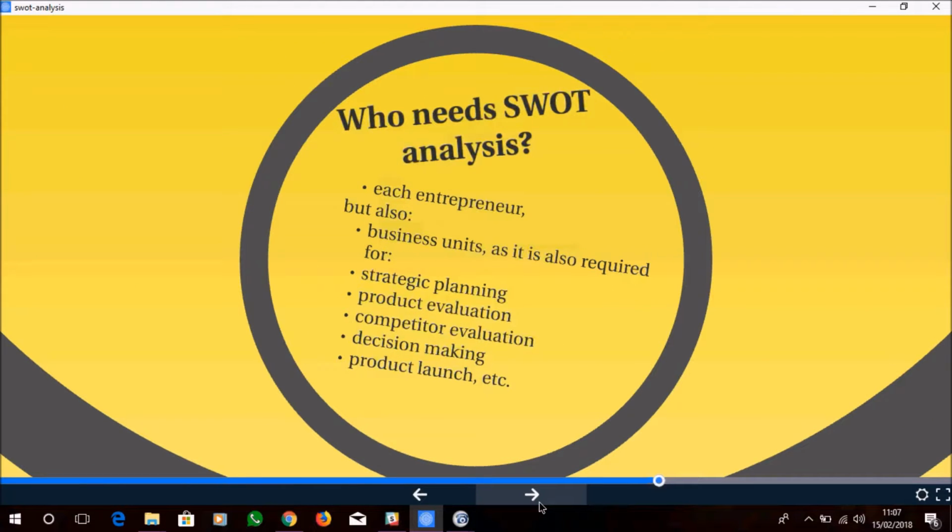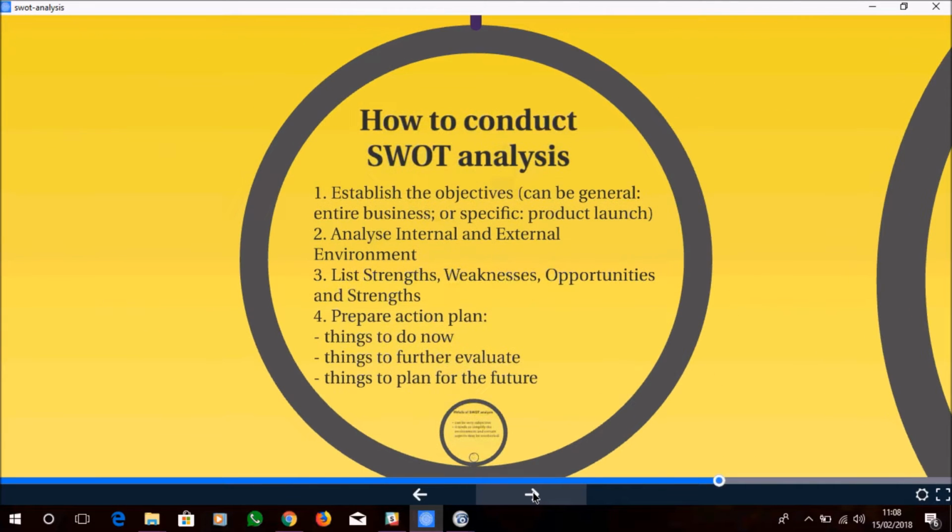Basically, not only entrepreneurs need SWOT analysis, but also business units, as this tool is also used for product launch or for the evaluation of the competition, for instance. As you can see, it is an analysis which can be used for several aspects.